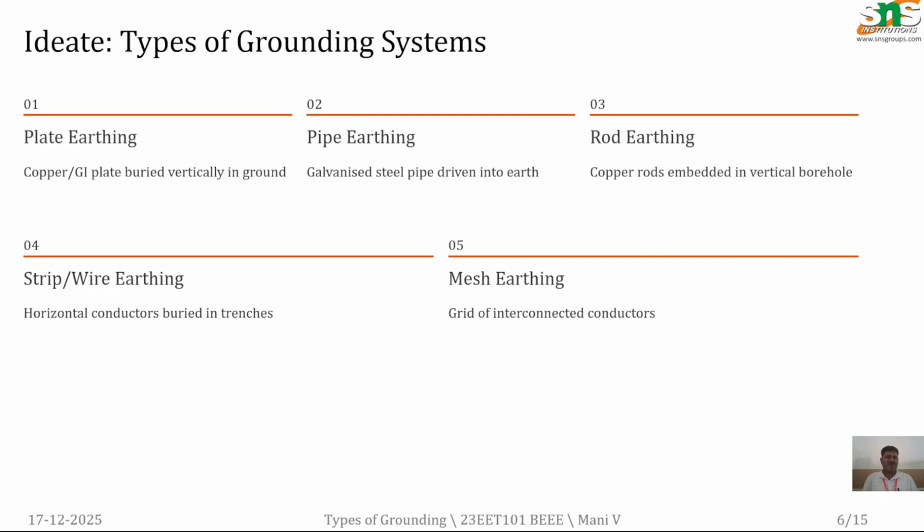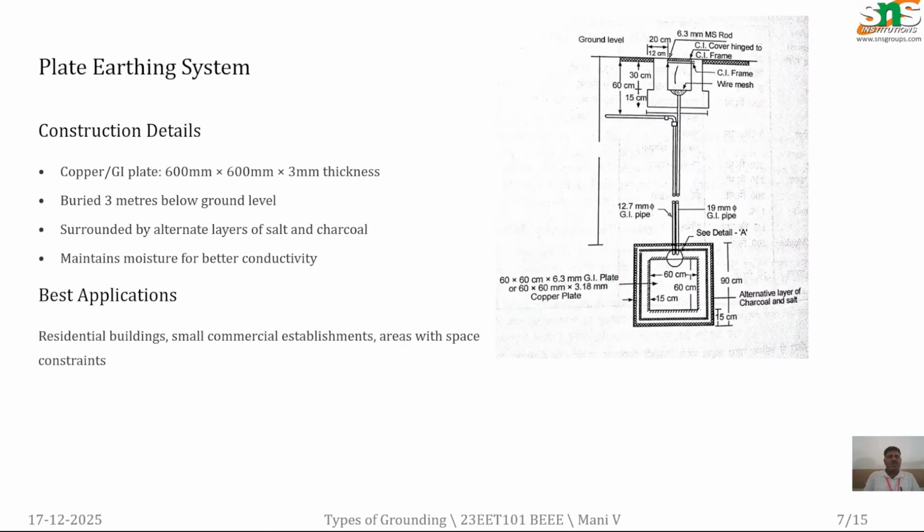In the types of grounding system, we have already discussed plate earthing, pipe earthing, rod earthing, strip earthing, and mesh earthing a little bit. Here we will see the plate earthing system in detail.